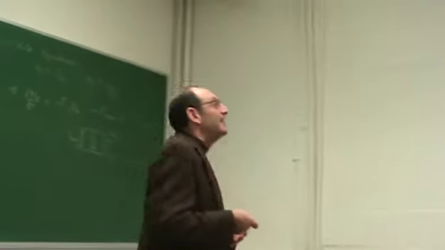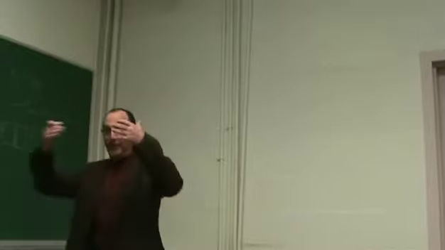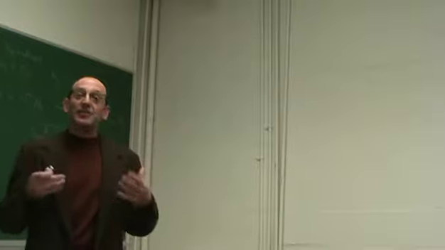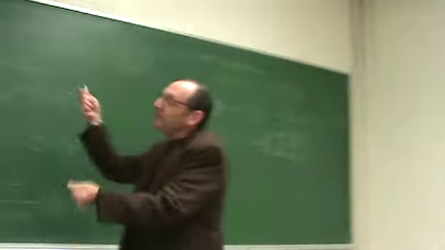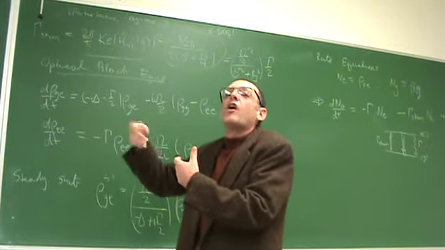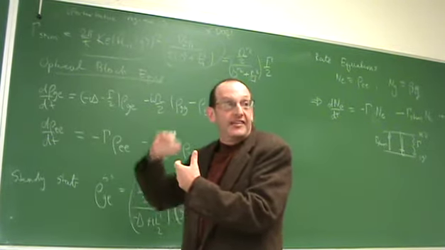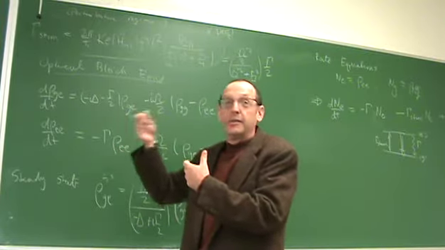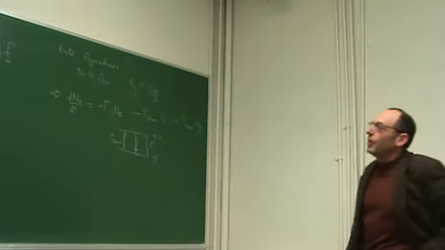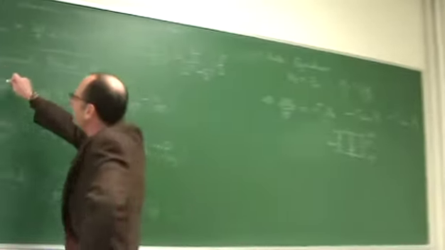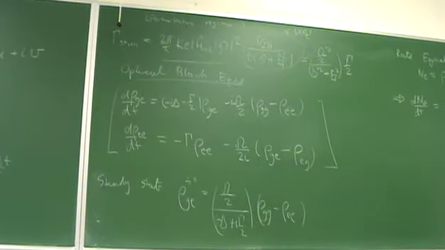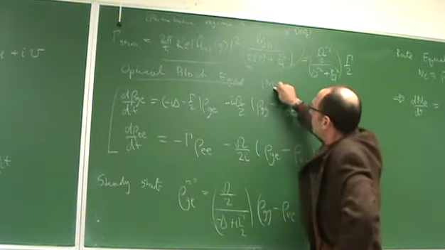Rabi flopping is really a truly quantum mechanical probability amplitude kind of evolution. Whereas the driven damped oscillator is in a regime where dissipation has kicked in and steady state is being reached. Okay? So more quantitatively, what we discussed is if these were the optical Bloch equations, also known as the master equation.